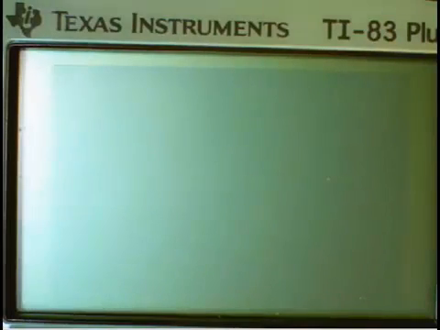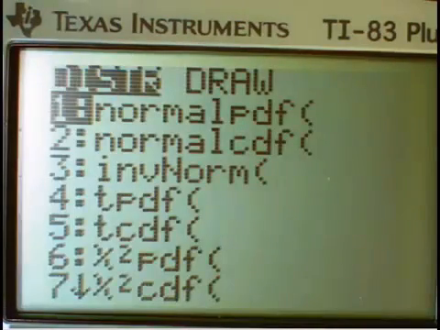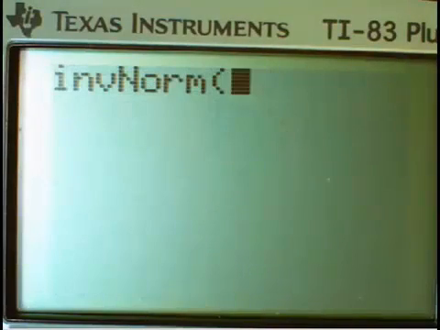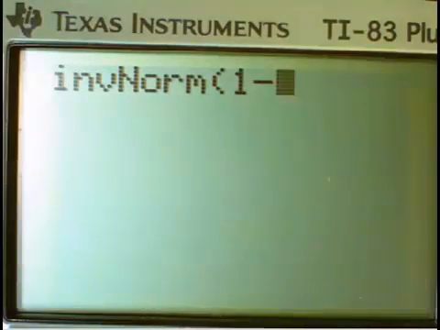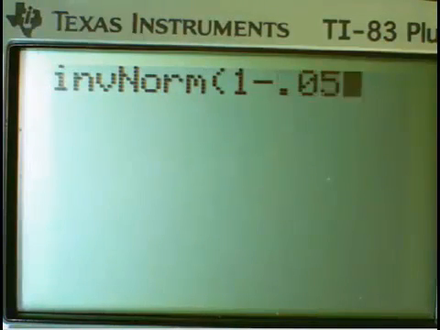Inverse norm is under my distribution menu, so second VARS and number 3 pulls up inverse norm. And then I want to enter 1 minus my alpha. For a 95% confidence level, my alpha is 0.05 divided by 2.